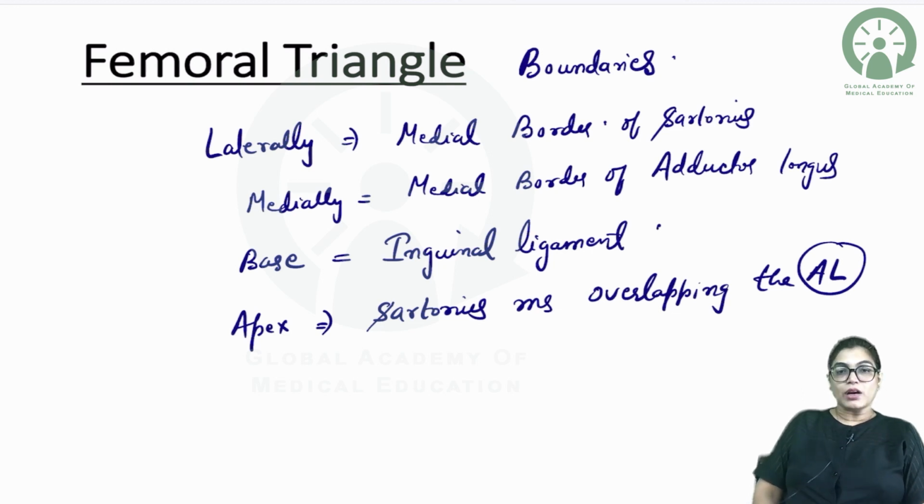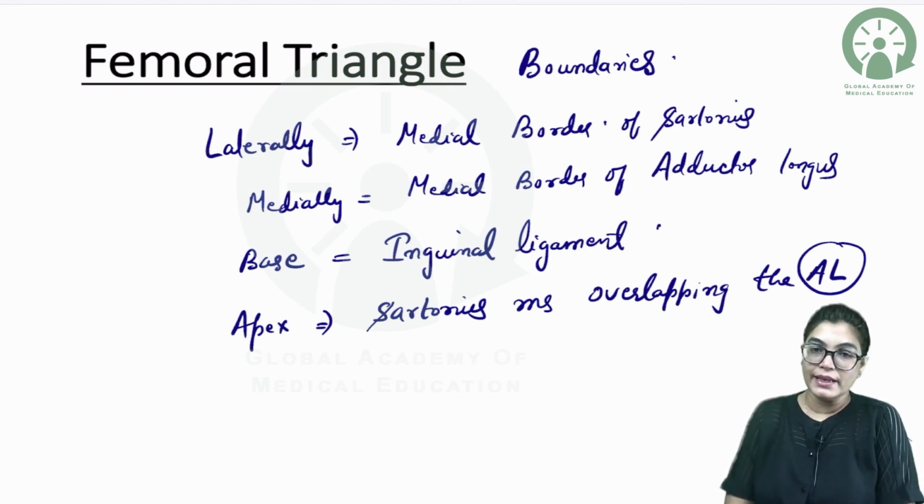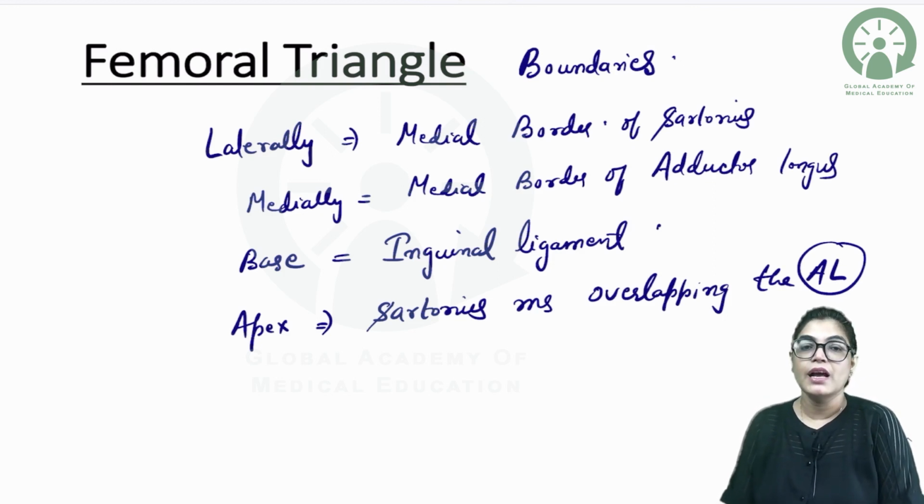Inguinal ligament is formed from the aponeurosis of external oblique muscle, and its extent is from the anterior superior iliac spine to the pubic tubercle.